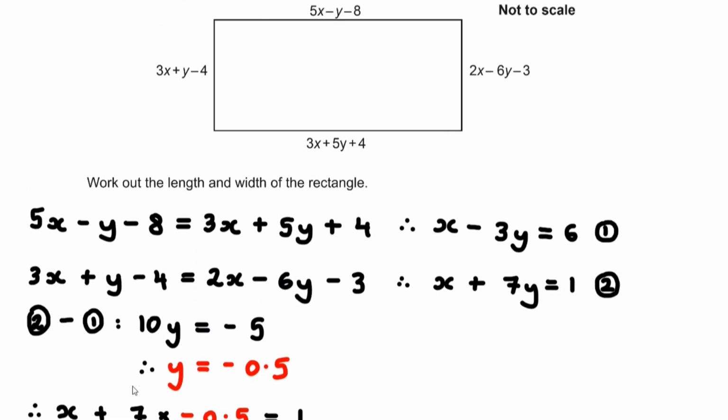Now, I've got the length and I've also got the width.